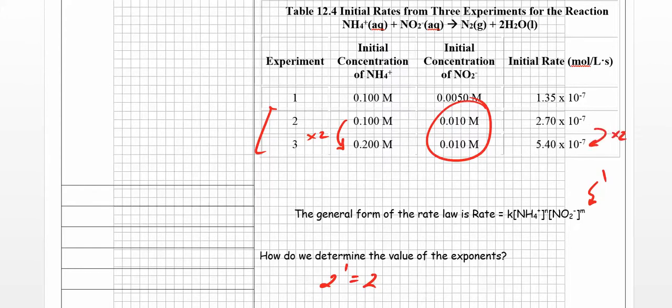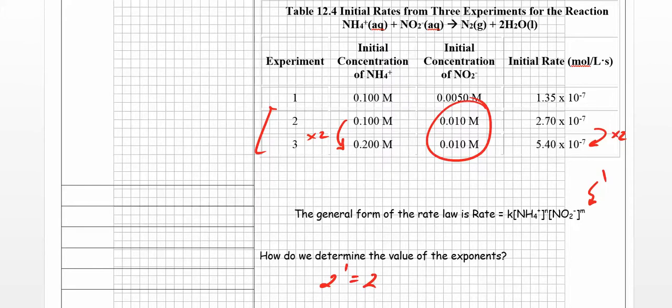So that means that if we hold the NO2 minus concentration constant, it's no longer affecting the rate, right? And k, of course, is not affecting the rate. It's a constant. So the important factor here that's affecting the rate is the NH4 plus. When we double that, we double the rate.